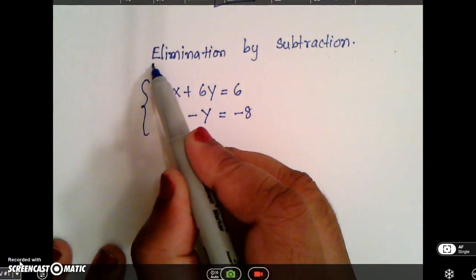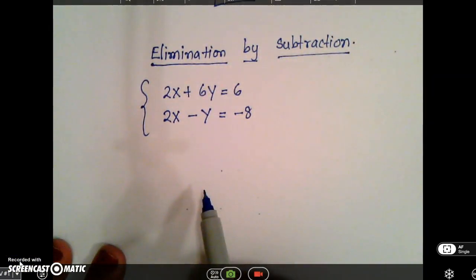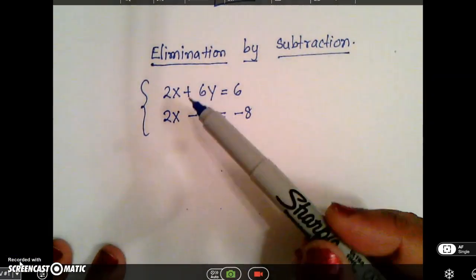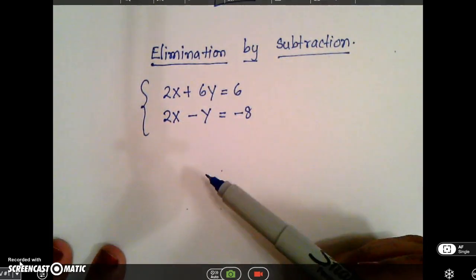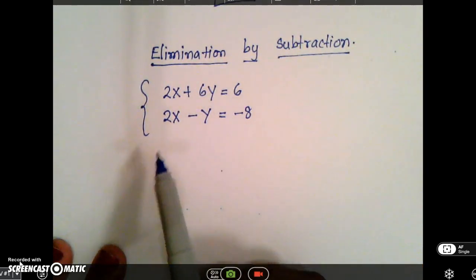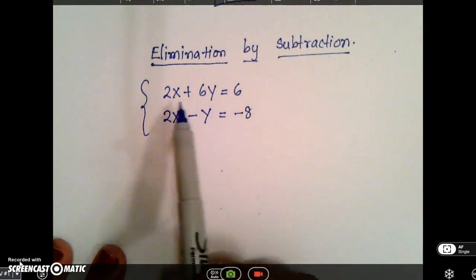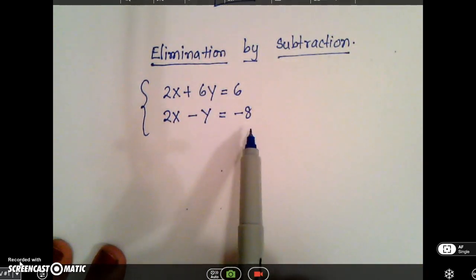The next is elimination by subtraction. So we saw the subtraction property. If we subtract two equations, the sense of the equation does not change. So why am I using subtraction in this case? Here, if I look at my equations, 2x plus 6y equal to 6, 2x minus y equal to negative 8.